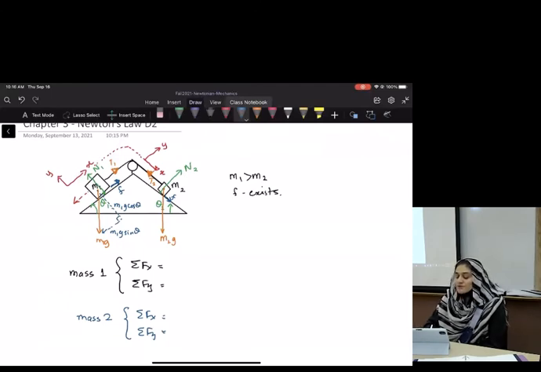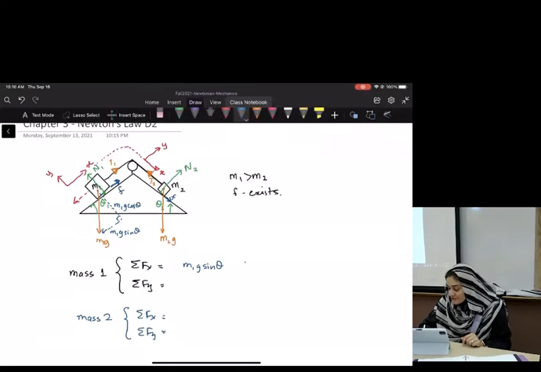So I'm looking at mass 1. What are all the forces acting in the x direction? M1G sine theta, friction. What else? Tension. Now, how do I make this into an equation? Adding pluses and minuses. Very good. Okay, which ones are plus and which ones are minus?